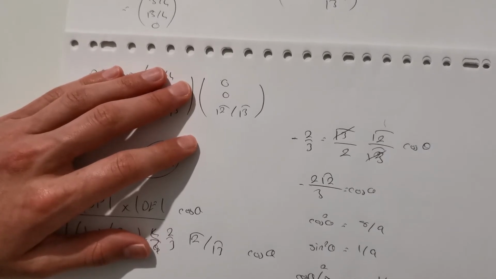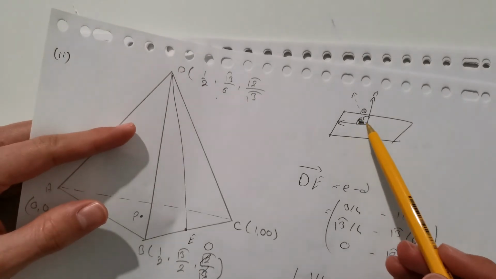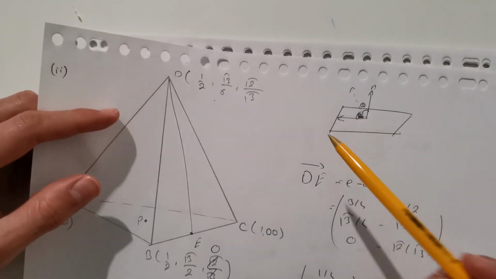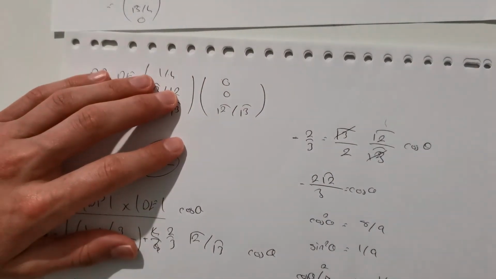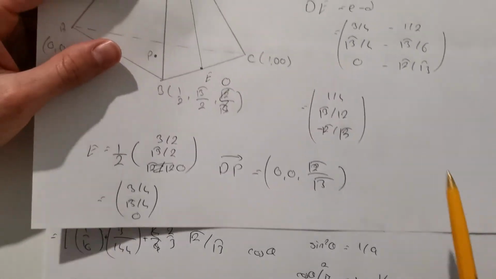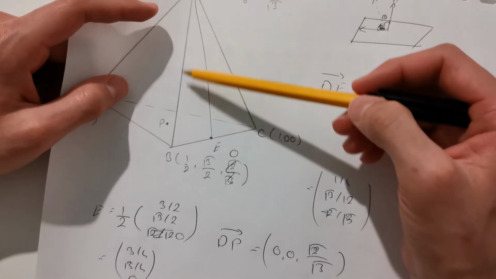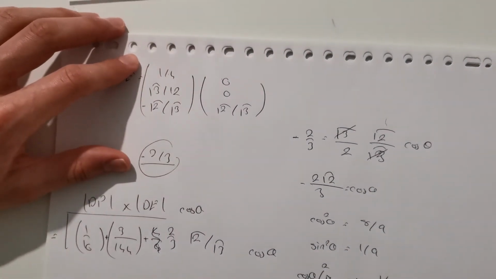However, I can eliminate the negative one because I know that pi over 2 minus theta is between 0 and 90, and if you draw the graph, you know it's going to be positive. Therefore, you know for certain that cos of pi over 2 minus theta is 1 over 3. Therefore, cos of the angle between adjacent faces is 1 over 3.